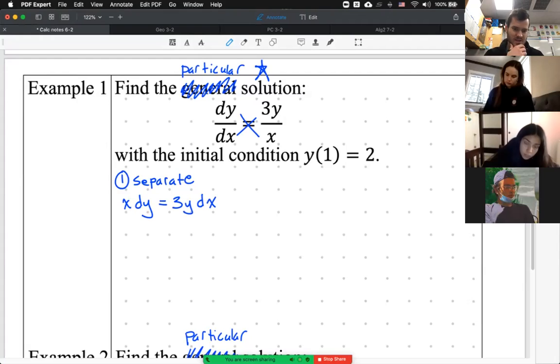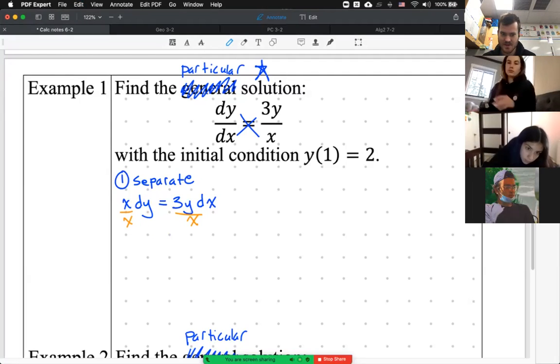You're not done, Andrea, though, because that's not separated yet. You have to finish all of step 1. Do you divide? Yeah, what are we going to divide both sides by? X and Y? Yeah, so if I divide by x on both sides, that moves the x to the right-hand side. And if I divide by y on both sides, that moves the y to the left-hand side.